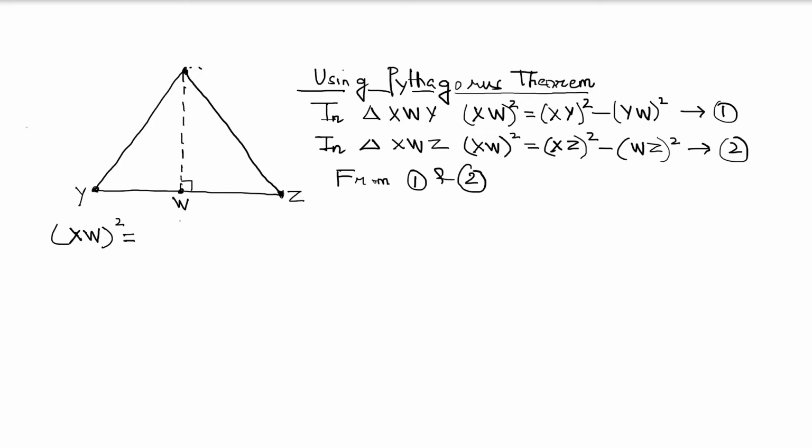So now when I'm writing xw whole square, what I'm saying basically is xw whole square can be written as xy whole square minus yw whole square, which can further be written as xz whole square minus wz whole square.